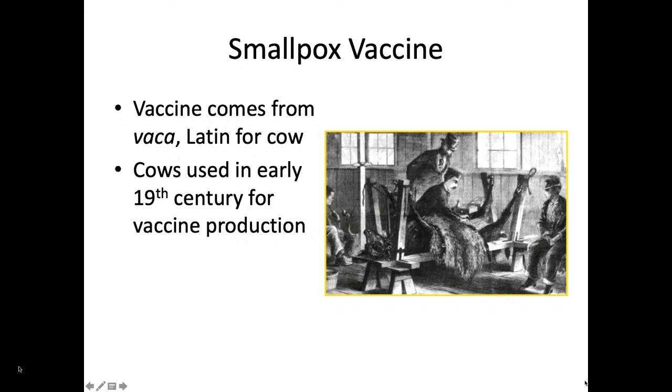So in the 70s as well, cows were used to get the vaccine, and each cow was producing 4,000 doses of vaccine. And the name vaccine comes from vacca. Vacca from Latin is cow. Yes, this is how people were getting the material for vaccination.